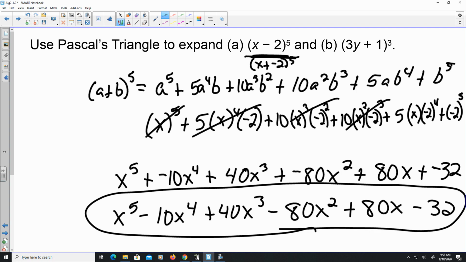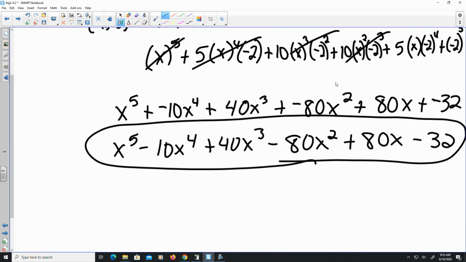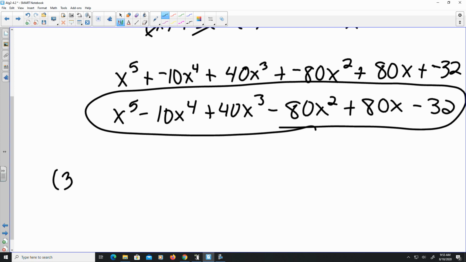Okay, I won't go through the whole thing, but let's set up 3y plus 1 quantity cubed. So I'll just write 3y plus 1 quantity cubed. So again, you're going to use the cube portion. This is A, this is B. Let's see what it looks like with the formula.